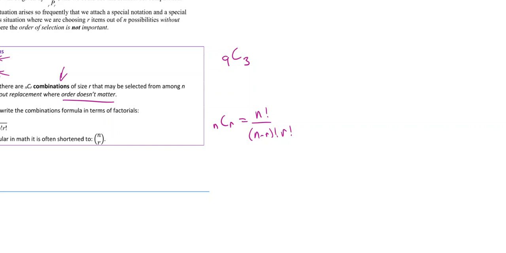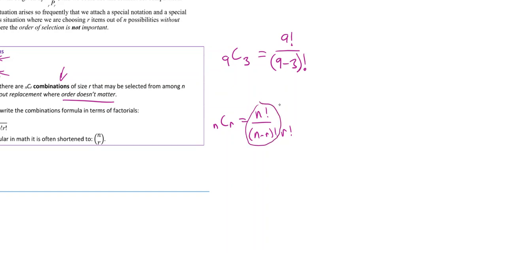Okay, so if I did that, I just want to show you the pattern, what happens here. So 9C3 is going to be, well, our n was 9, so that'd be 9 factorial over 9 minus 3 factorial. So far, if you remember, that was just a permutation, wasn't it?